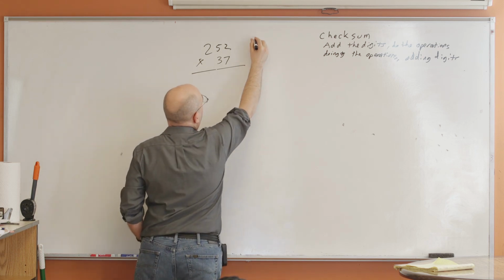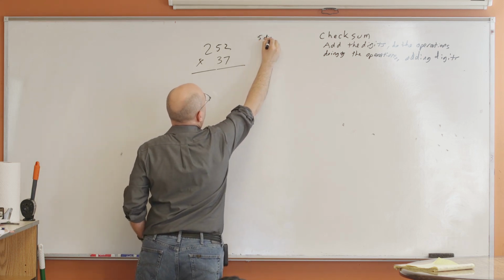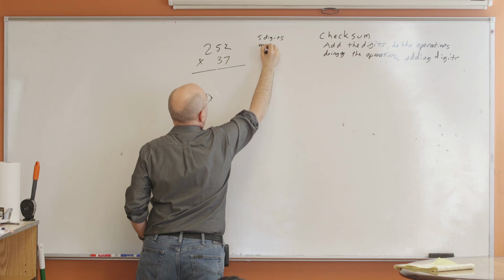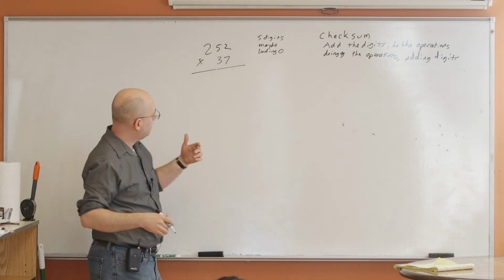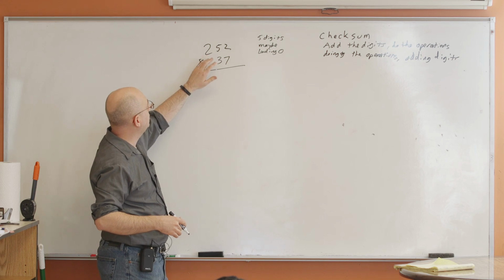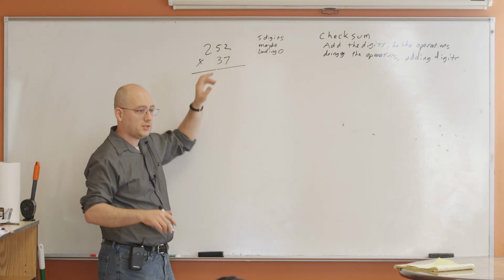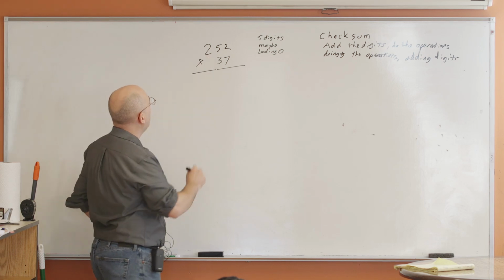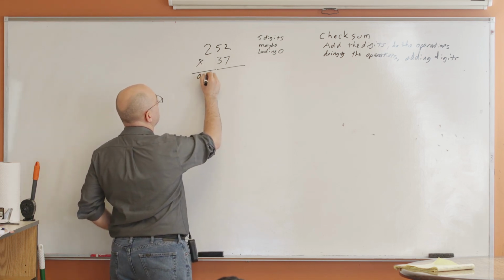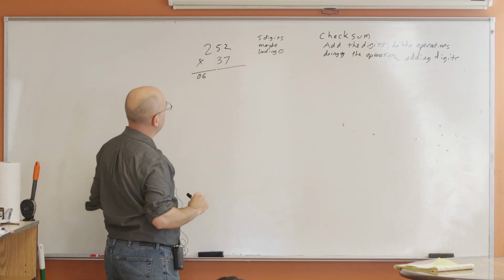So it's sort of 5 digits, maybe leading 0. And when you're doing multiplication with these digits, always think in terms of 2 digits. So 3 times 2, it's probably good to think of it as 06.